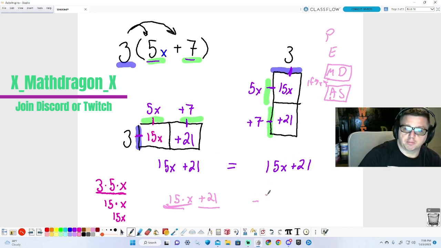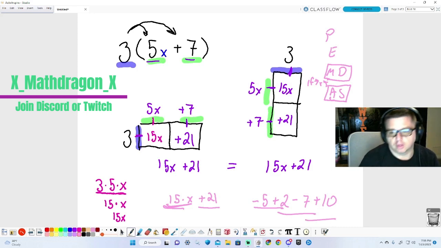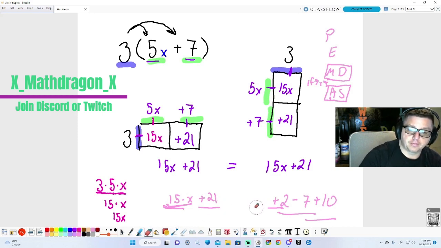So if it was like -5 plus 2 minus 7 plus 10, we work left to right as we go through this. It's kind of like a stepping process. So we would do -5 plus 2, then we would do -7, then we would do plus 10, and whatever the answer came out to be, that's what it is. You always just want to work left to right.